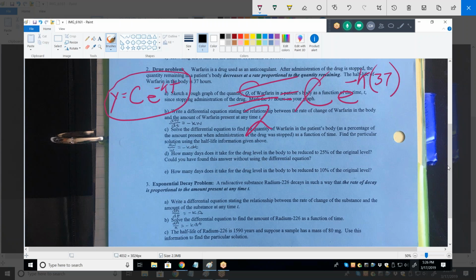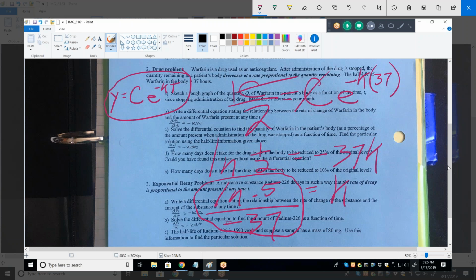So if we do that, we've got 1/2 on the left, and take the natural log of 1/2 equals the natural log of the right, which is minus 37k. So k is going to be the natural log of 0.5, which we know to be a negative number. Natural log of any number less than 1 is negative, divided by negative 37. So indeed, we do come out with a positive k.